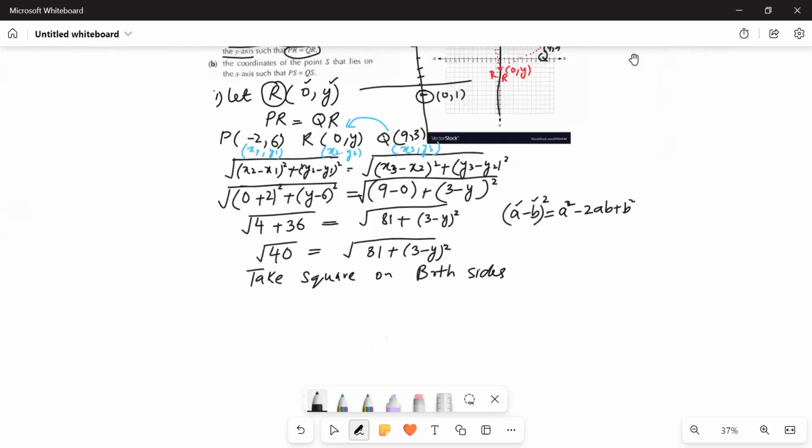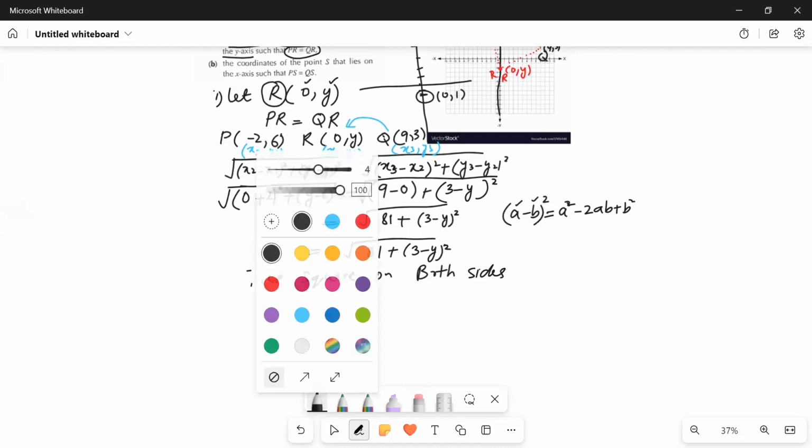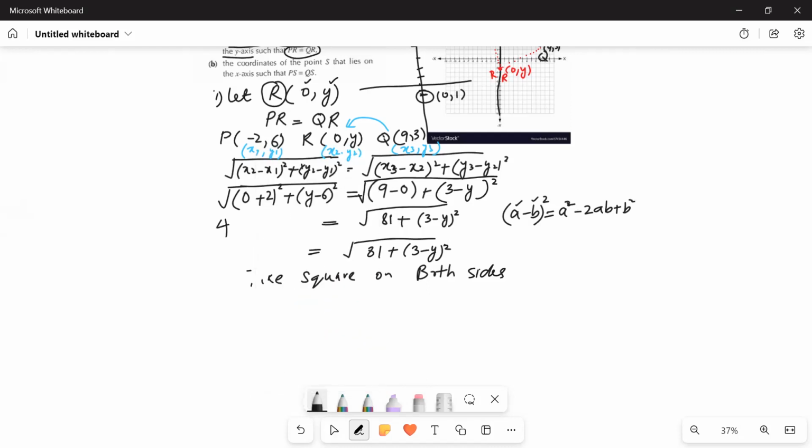So this formula will apply to y minus 6. Sorry, very sorry, I forgot it's y minus 6. It is 4. It is 4 plus y minus 6.